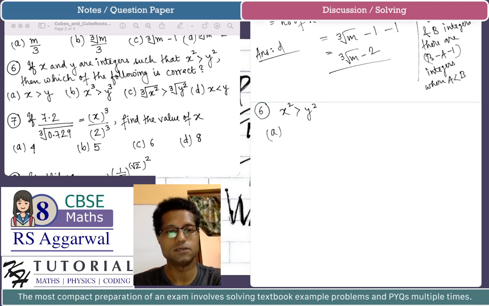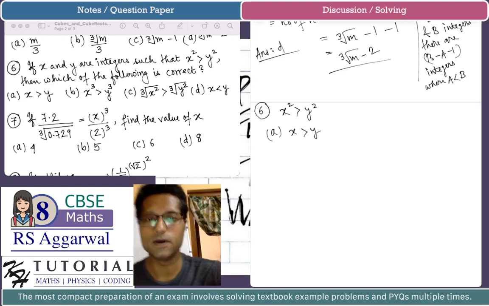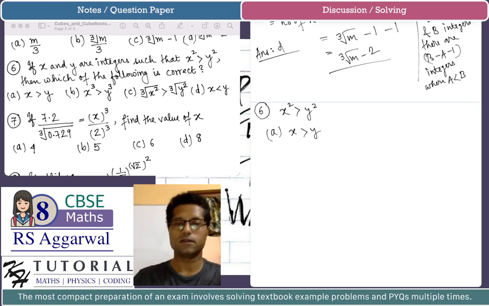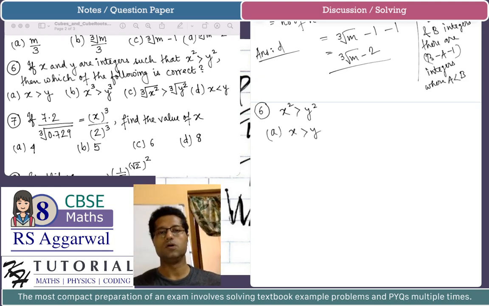Choice A says x is greater than y. Which of the following is correct means which has to be true for all values of x and y where x square is greater than y square. We don't know whether x and y are positive or negative. We just know that x square and y square are both positive numbers.